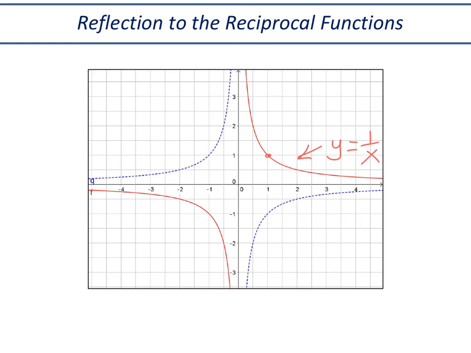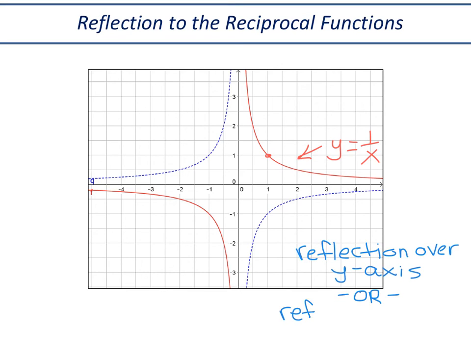So the way we could look at that first is as a reflection over the y-axis. However, because of the symmetric nature of the parent reciprocal function, you could just as easily look at this as a reflection over the x-axis. So either way, you're going to get this blue dashed function here in quadrant 2 and quadrant 4.